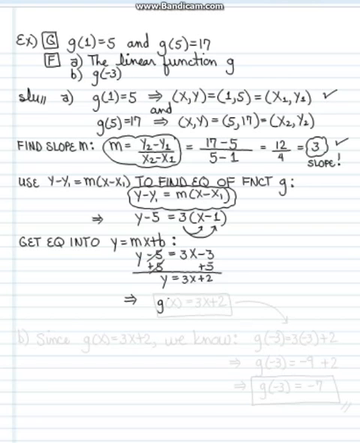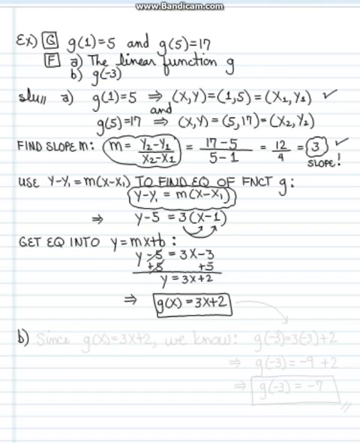So we have g of x equals 3x plus 2. That is the linear function. I know it's linear because I used y minus y sub 1 equals m times (x minus x sub 1). That's always the point slope form of a line.